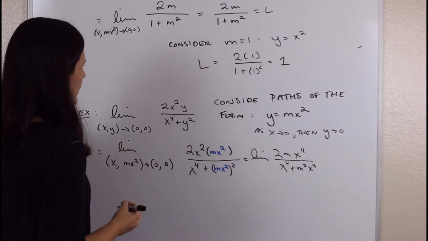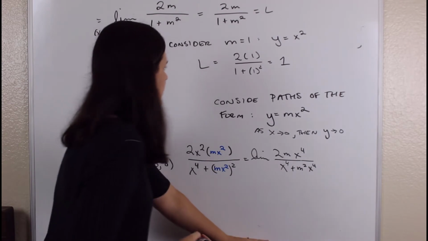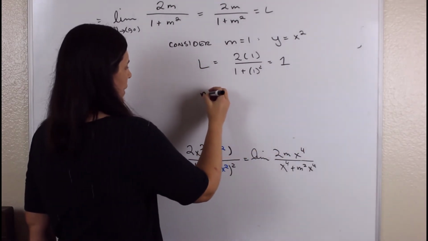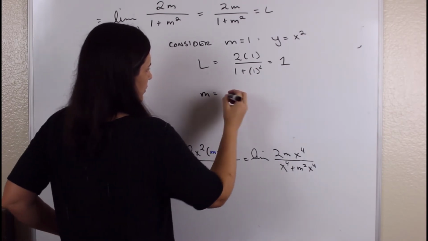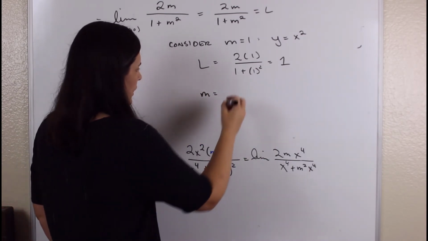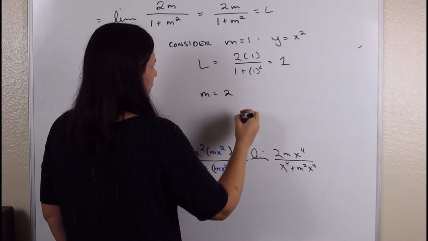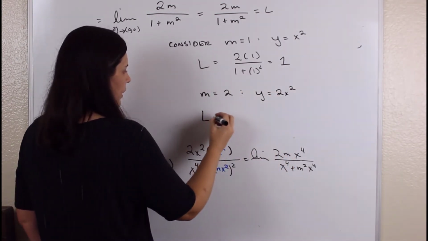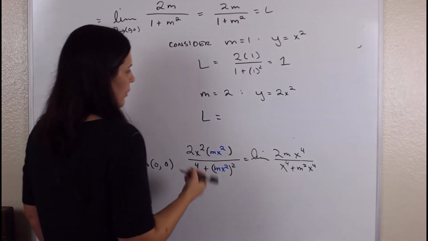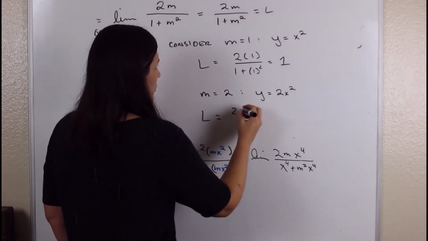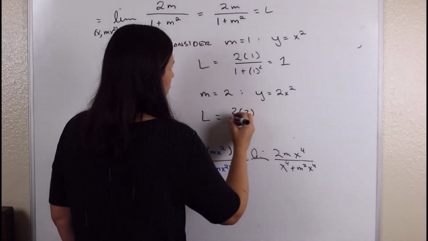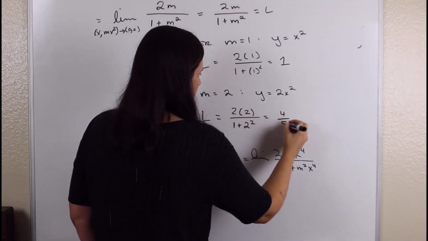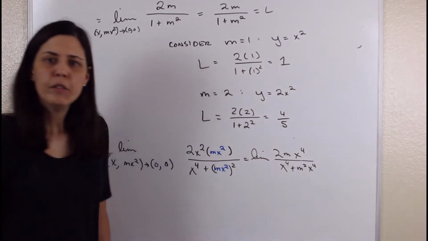Alright, well let's say I choose m to be a different number. Let's say m is -1 or 2 or anything else. So I'm going to go with 2. So then y is 2x squared. So then my limit is 2 times 2 over 1 plus 2 squared. So that's 4 over 5. And they're different.